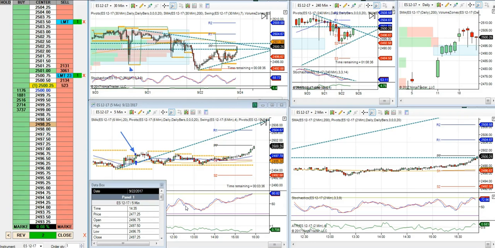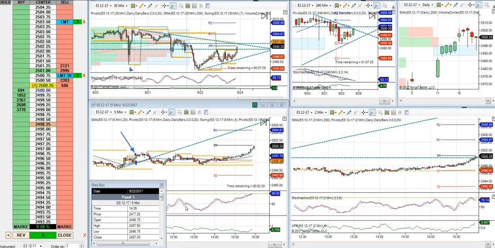And I'm just waiting for it to pop. I'm waiting for that red to green to pop. Now this is the first time that we have tested the high of the day. So a lot of times the first test of the high of the day you can short. The first resistance you can short.